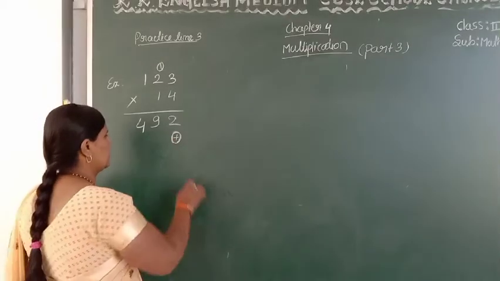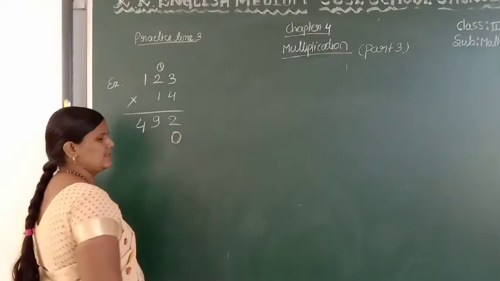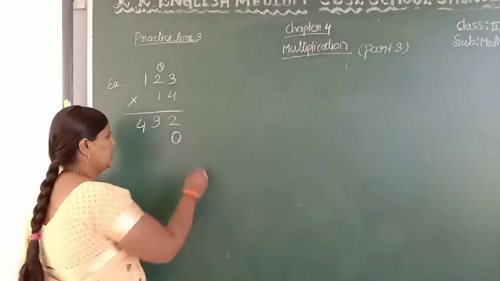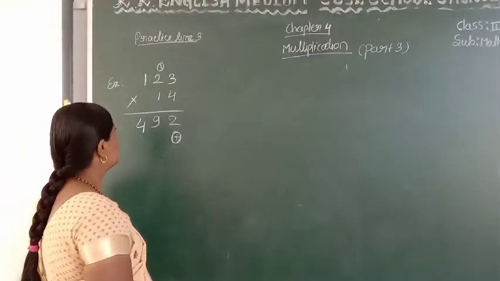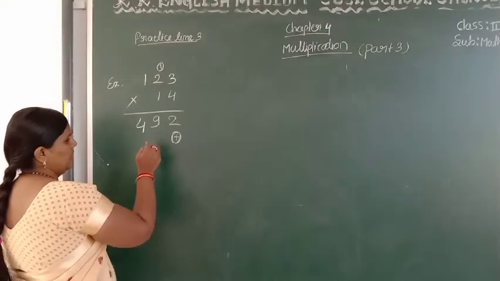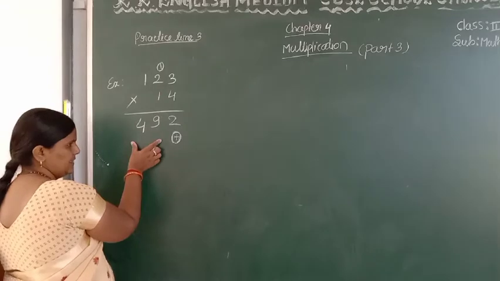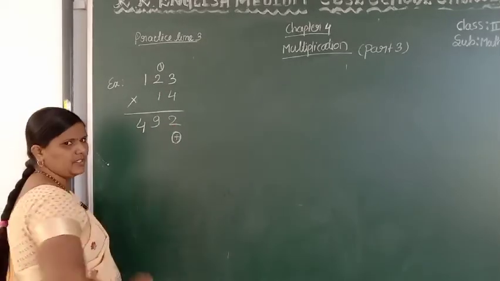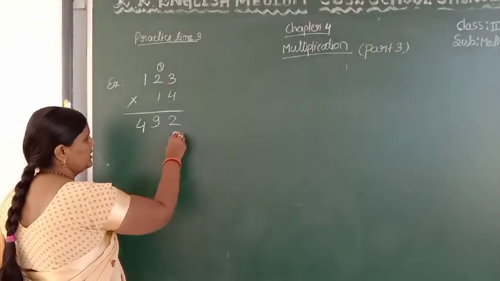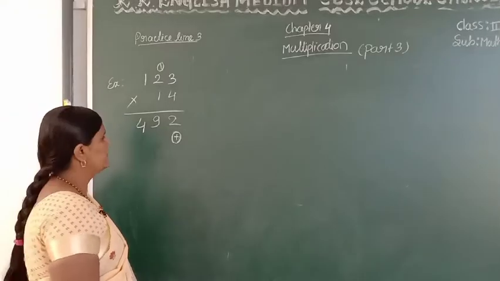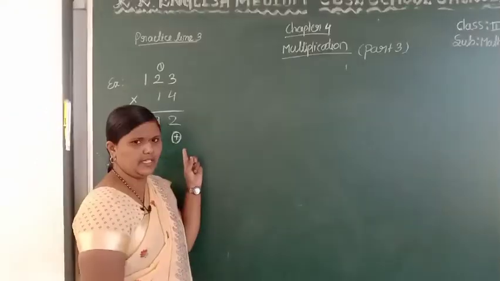If you write like this, this is also correct. Otherwise only writing 0, that is also correct. It is better to put a plus symbol because after the next multiplication you write the answer, afterwards you do addition, so you write the addition symbol here.